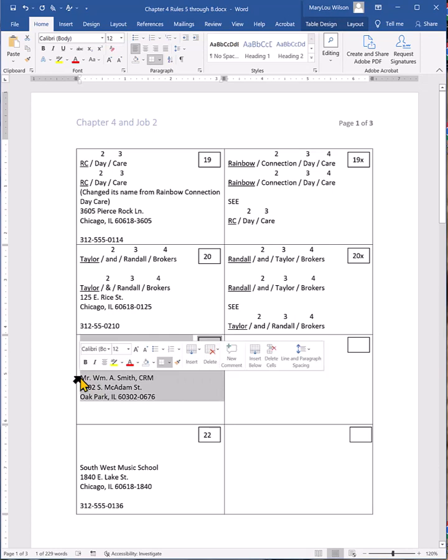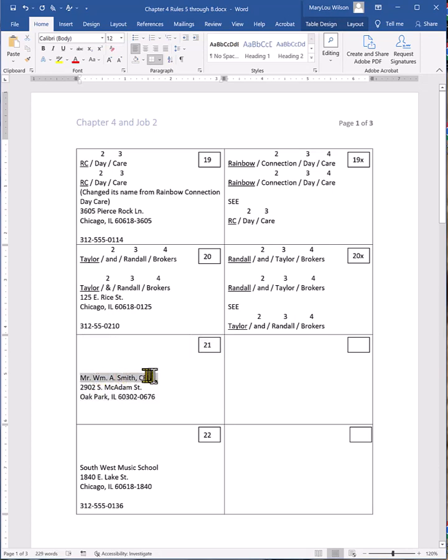So all of this name with its title, its name, and its suffix is the filing segment. Now, what we're going to do is code it first by putting our slashes in between each of the units.